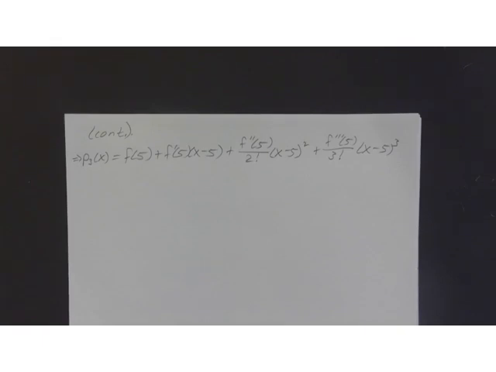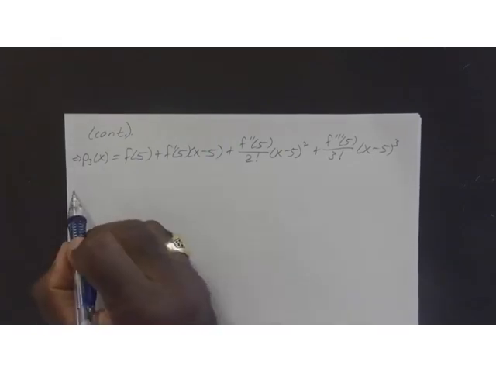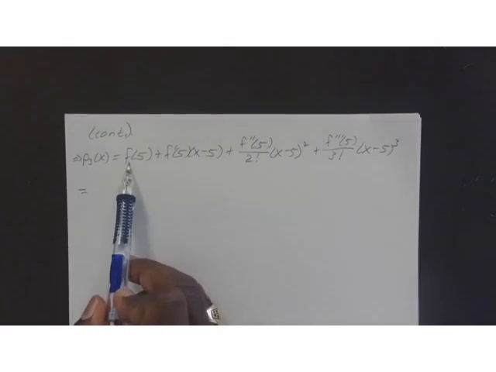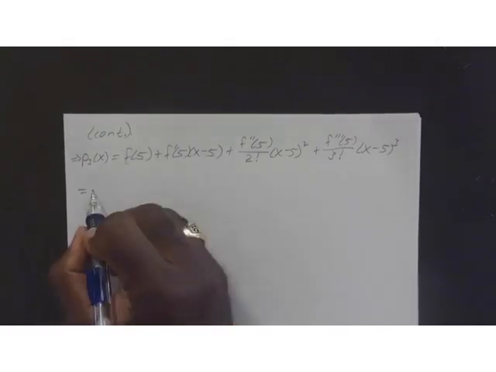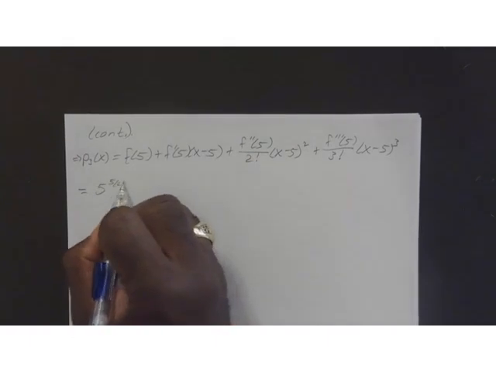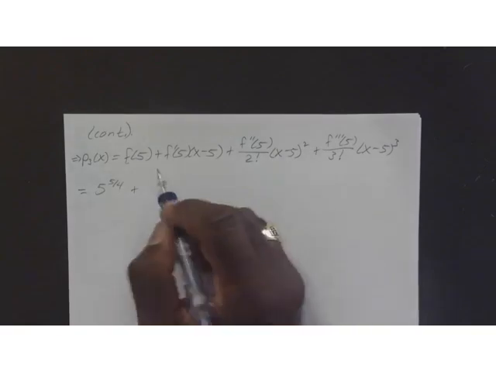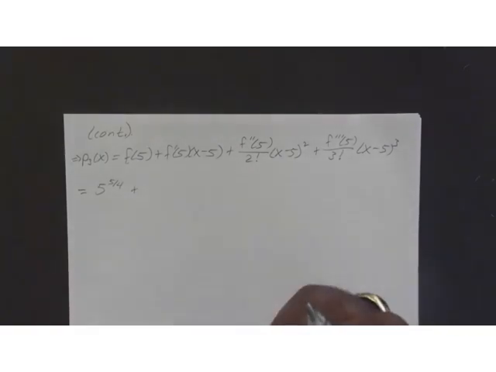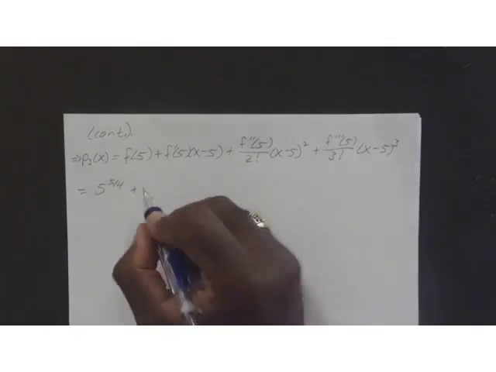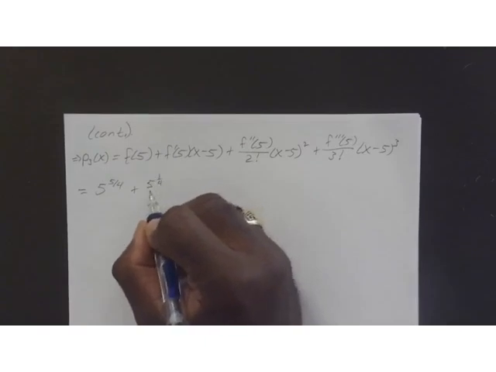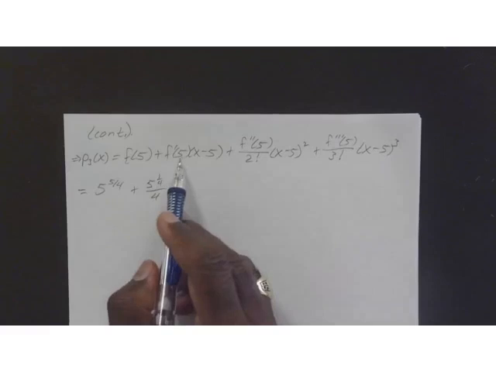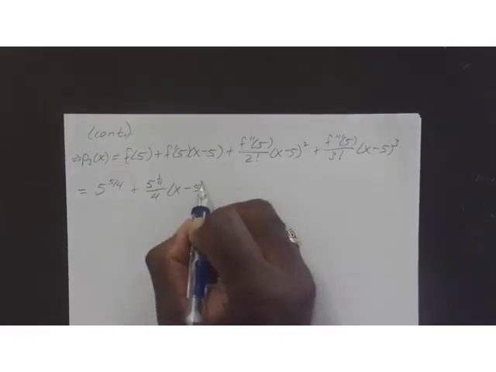Excuse me. Okay, so that means it's equal to your f of 5, which is 5 to the 5/4 power, plus your f prime of 5, which is 5 to the 1/4 power divided by 4, times x minus 5.